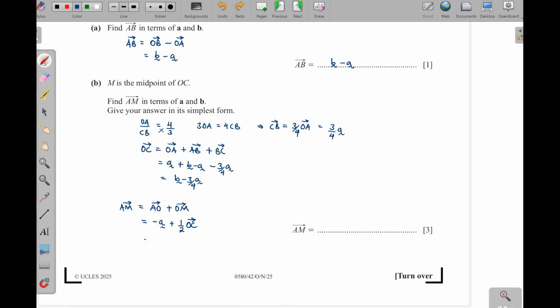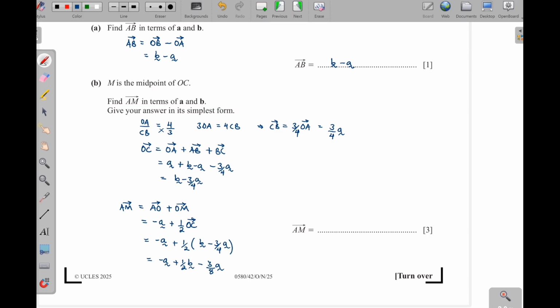So we shall have negative A, then plus a half of our OC, which is B here, minus 3/4 of A. So you have negative A here, then plus a half of B, then minus 3/8 of A. You see?